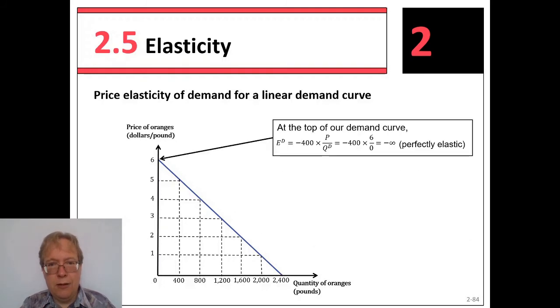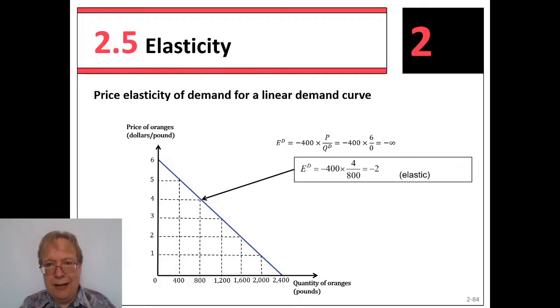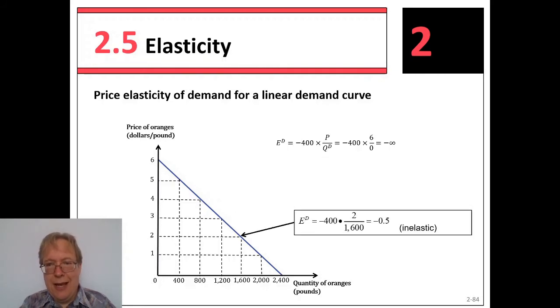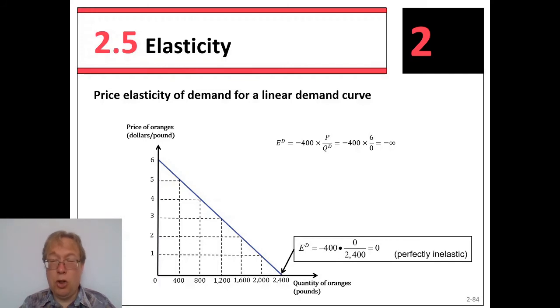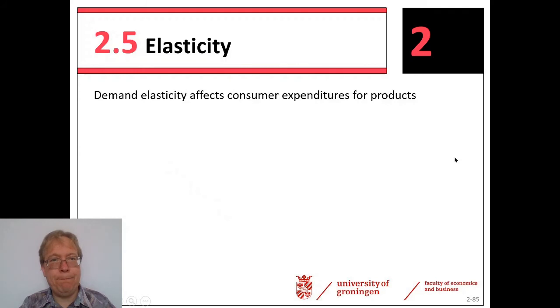So here it's perfectly elastic, since if I change price a bit, then immediately nobody will want to buy oranges anymore. And at any point you can, again, using the same method as I just showed you, calculate the elasticity. And you see that if you go down the curve, the elasticity is going to be closer to 0. So demand is going to be more inelastic.